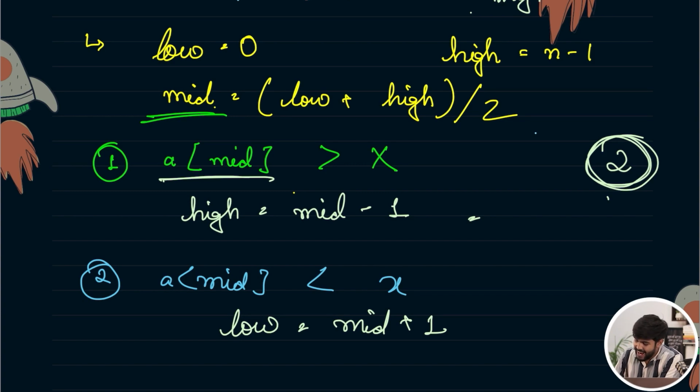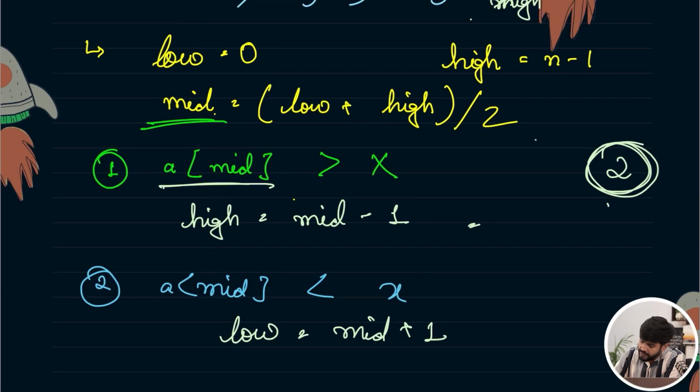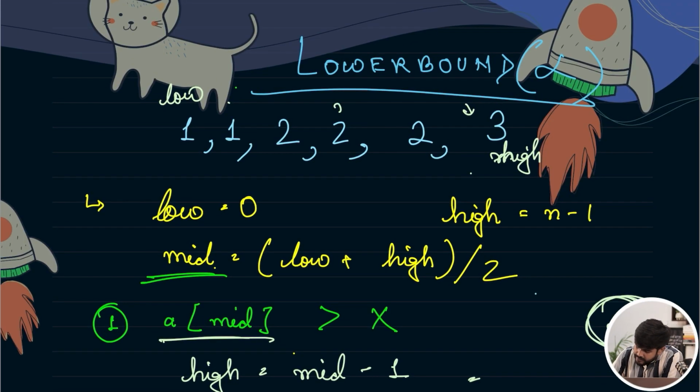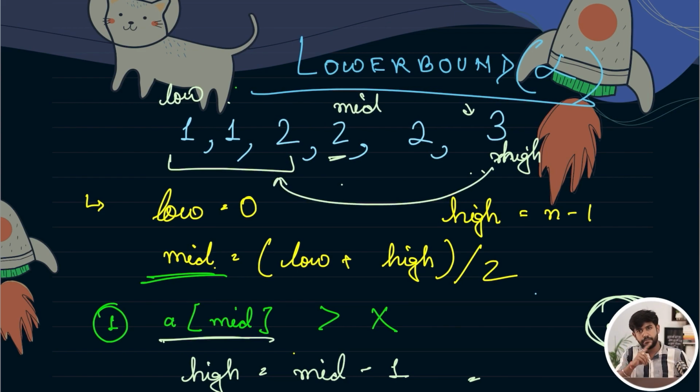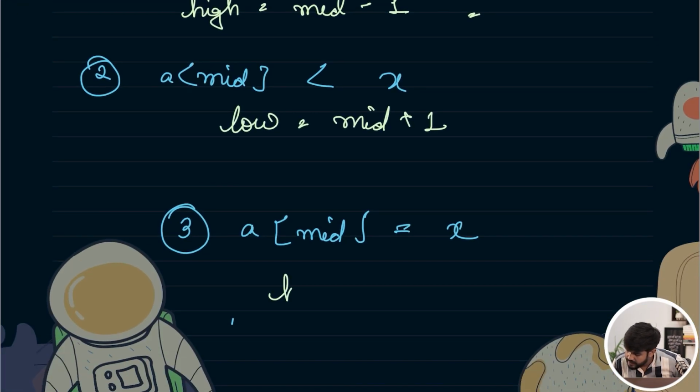At this point, if it is equal to x and we want to find the first occurrence, let's say mid is pointing to this 2, and we want to find the first occurrence. So if we have found an element and we want to find the first occurrence, it would lie on the left-hand side, that is this side itself. That is why I should come to mid minus 1. So we would just write high is equal to mid minus 1.